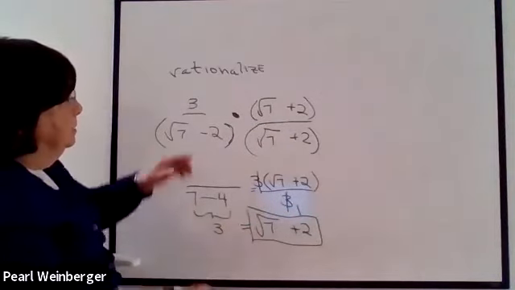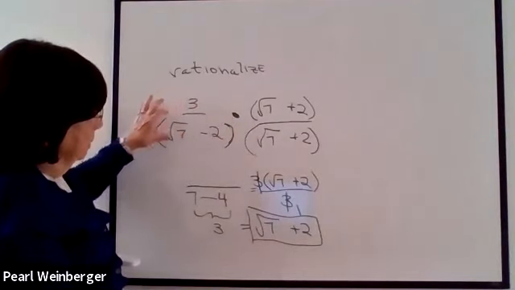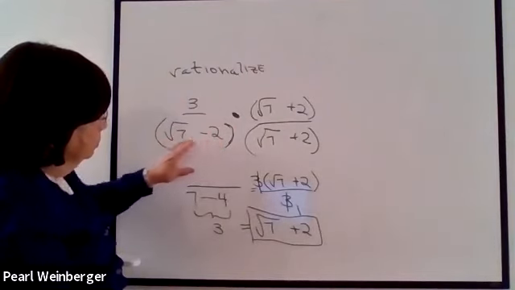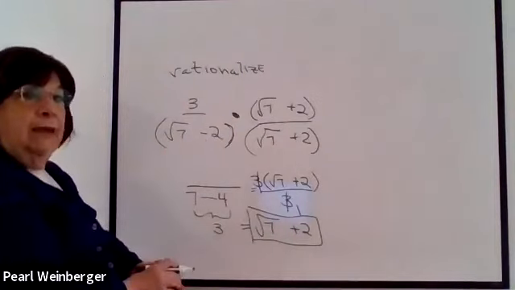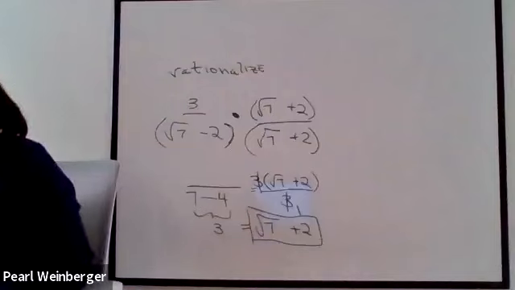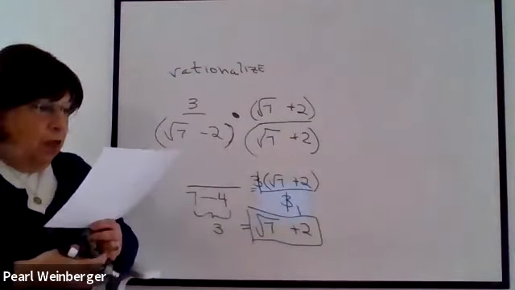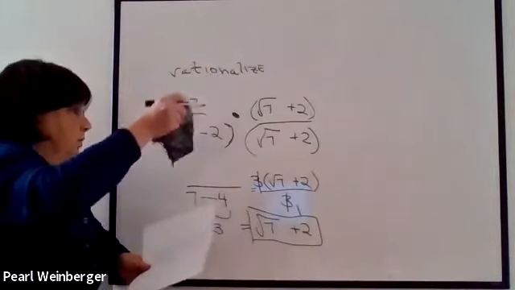And that's how we deal with a fraction that has radicals in it, and the denominator is more than one term. The denominator is 2 terms. You just multiply by the conjugate. Okay, here's one for you to try.